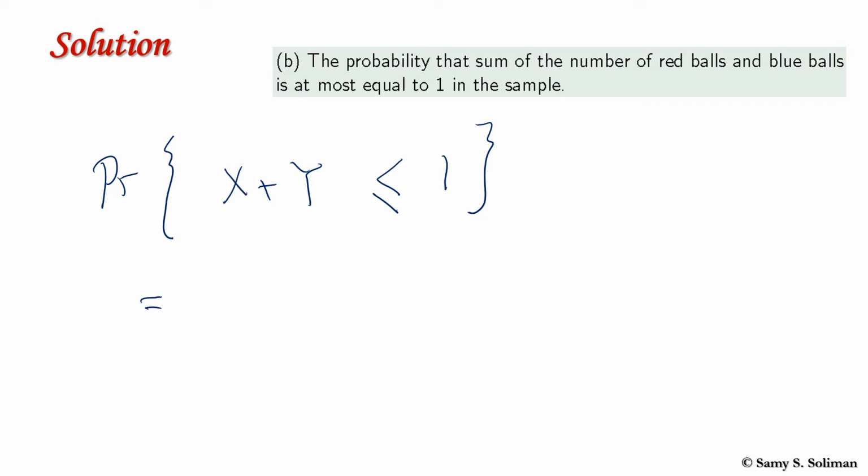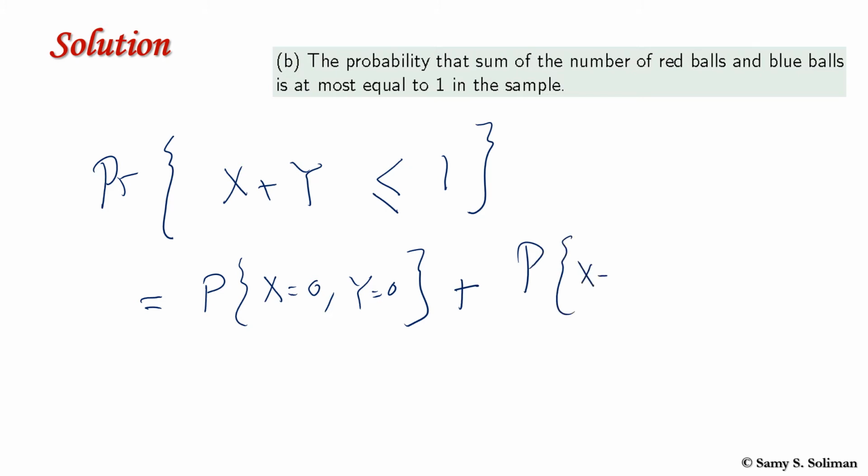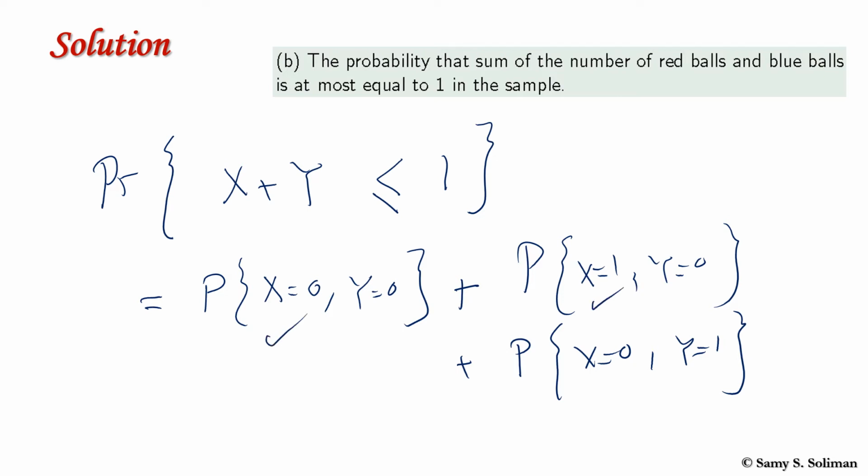Of course, the values of x and y which fall in this region are x equal to 0 and y equal to 0, or the probability that x equals 1 but y equals 0, or the probability that x equals 0 and y equals 1. Of course, any other values will fall outside the region of x plus y less than or equal to 1. Then from the table we can take these values as we calculated before and write their summation.